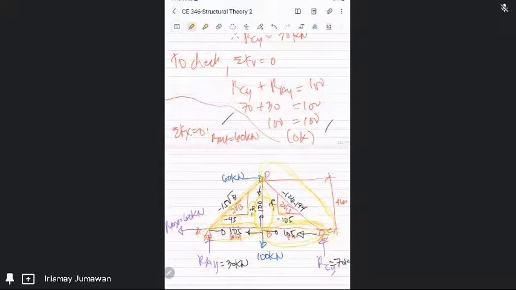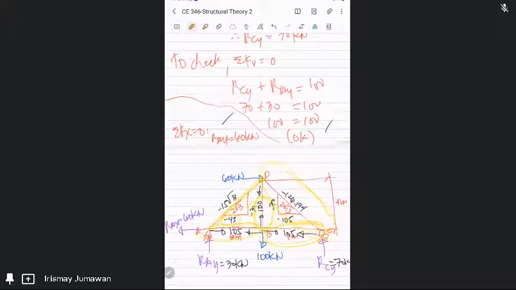DC. So again, you can work out the Y component there. Looking at the Y component of AD, or the Y component of your vertical member BD, that is 100.